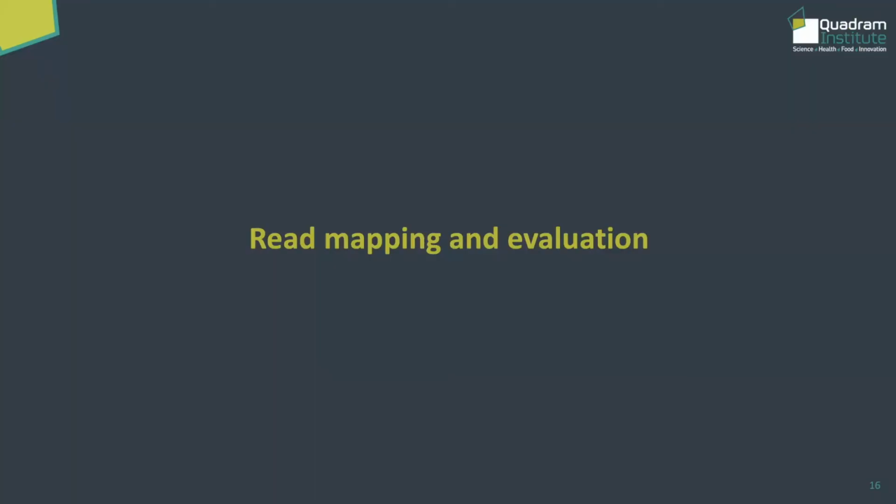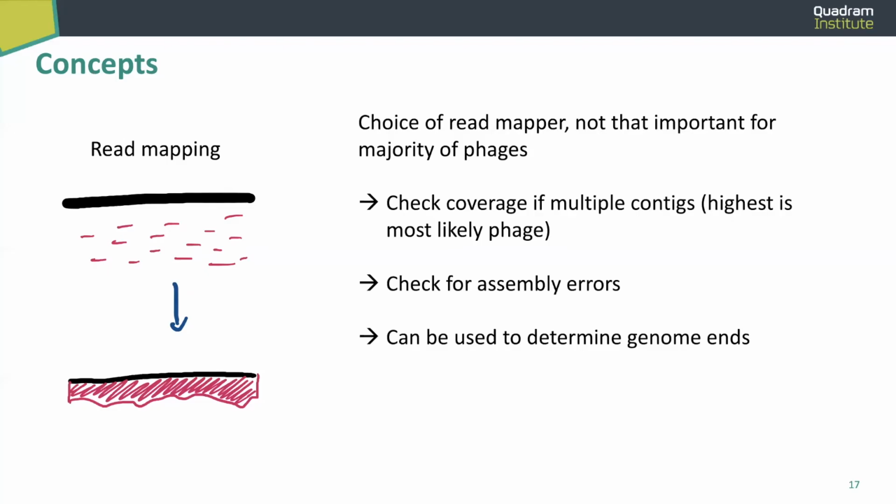One of the things we do is map reads back to the phage genome to evaluate certain features of the genome. When you do read mapping for phages, the choice of read mapper is not that important, especially for the majority of phages.